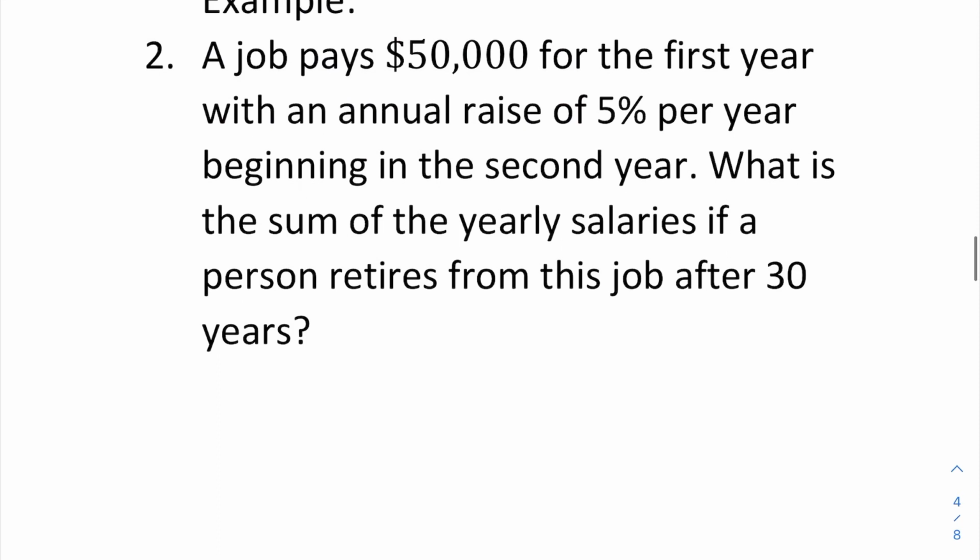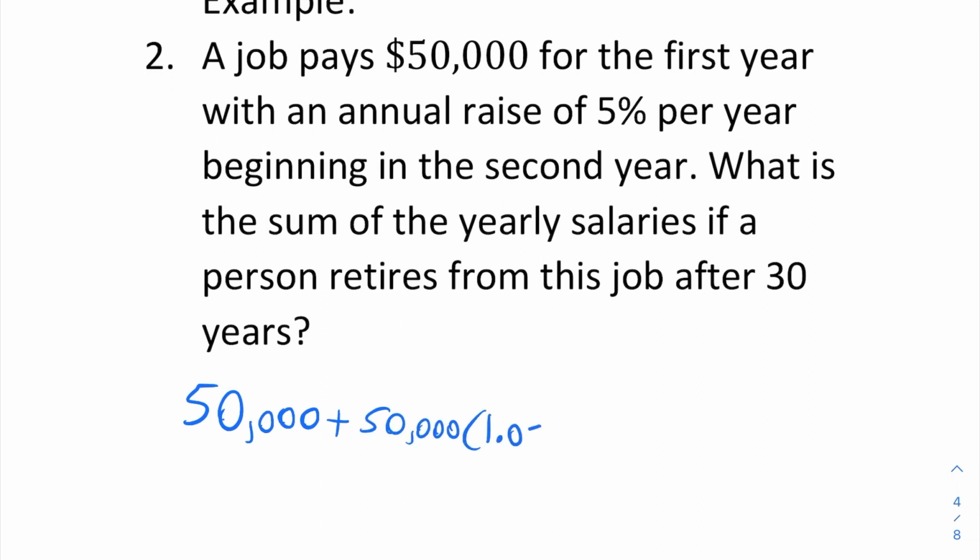We have the first year, there's a $50,000 salary. The next year, the salary goes up by 5%, so you're going to take the 50,000 and multiply it by 1.05 to send it up by 5%. That's 105% of the previous year.